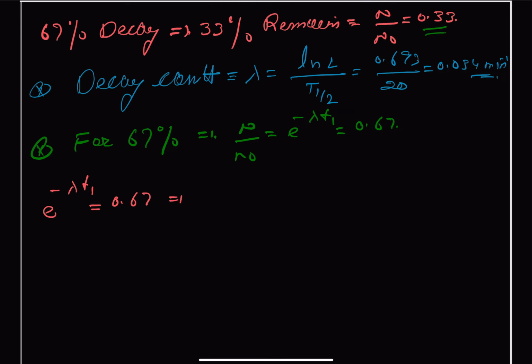If we take natural log both sides, we get minus lambda t1 is equal to natural log of 0.67.